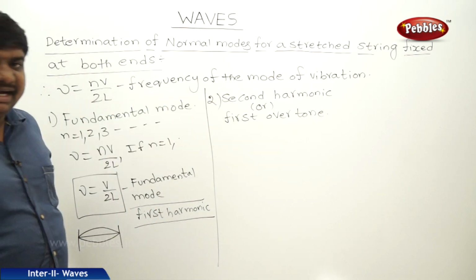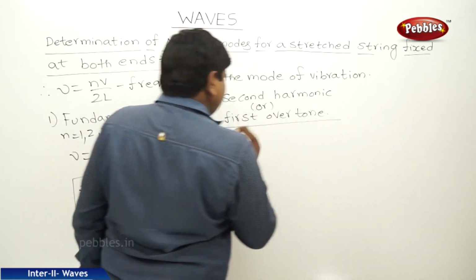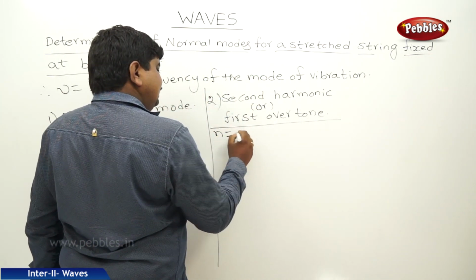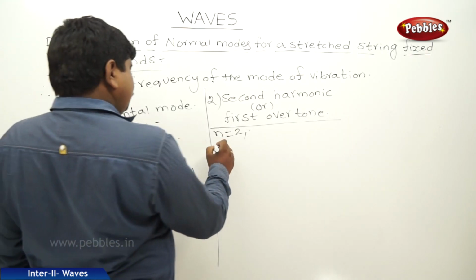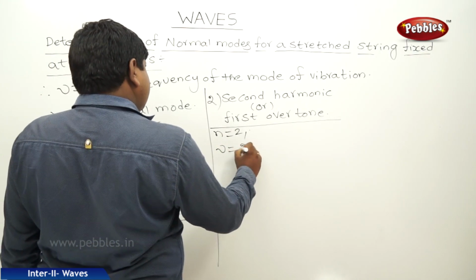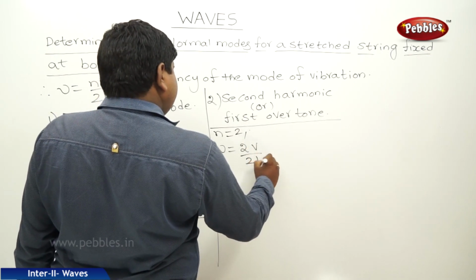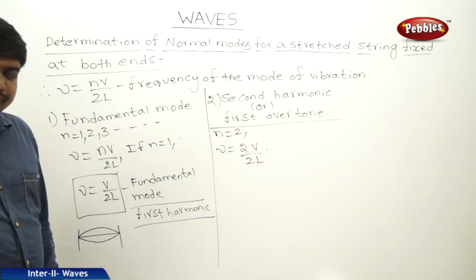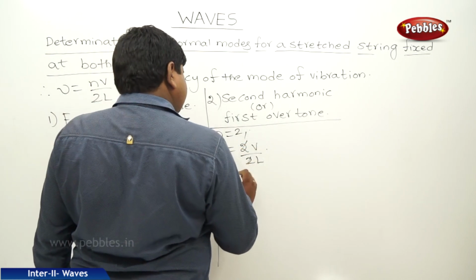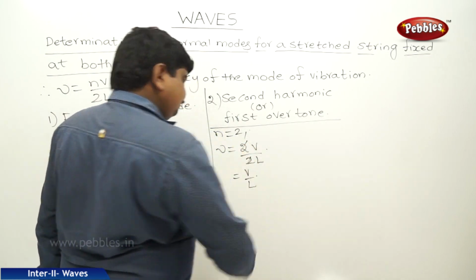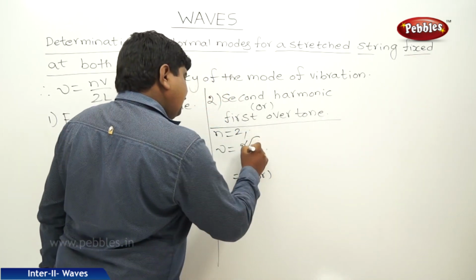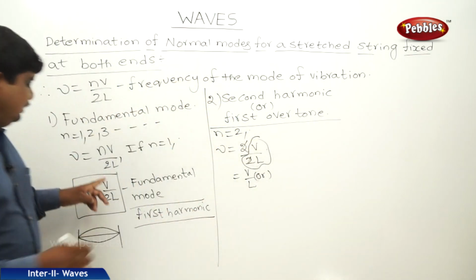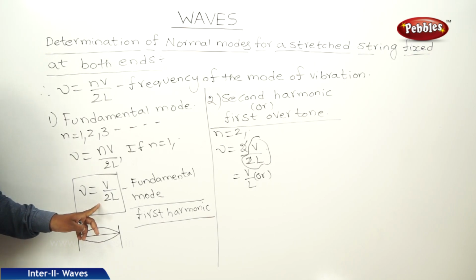So we will see the second harmonic. In the first overtone or second harmonic, n is equal to 2. So therefore frequency is equal to 2 into V by 2L. Therefore, this 2 and 2 get cancelled. This is V by L. Or, this V by 2L is said to be the fundamental mode.